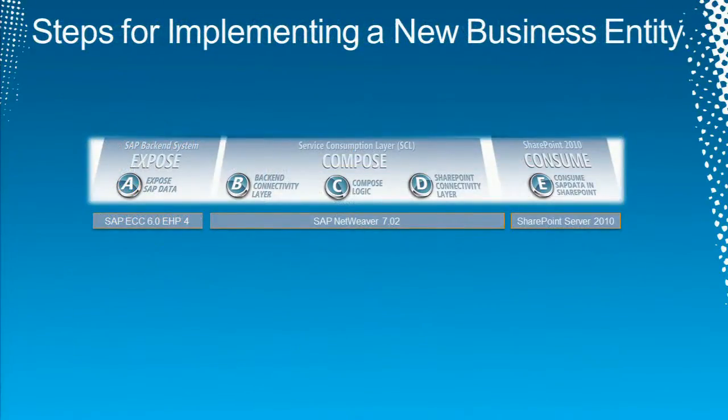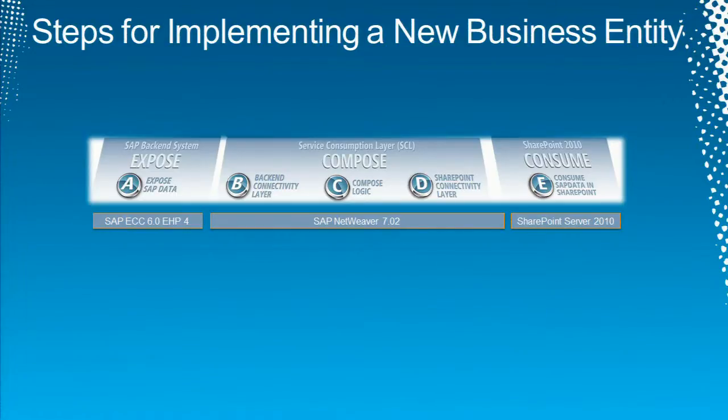So what are the steps? The steps are to expose the data on the SAP side using the traditional methods. Then, also on the SAP side, you compose that data in the service consumption layer.